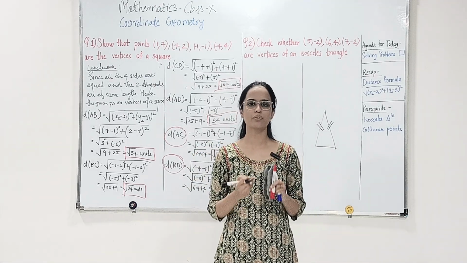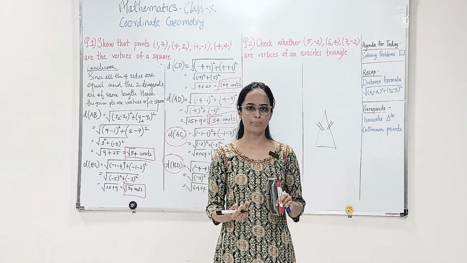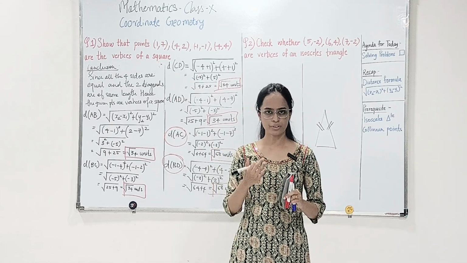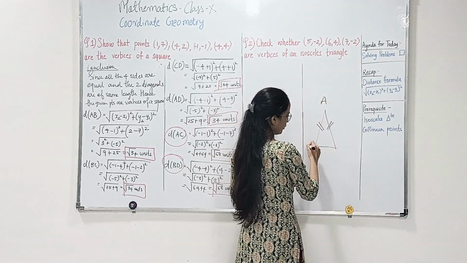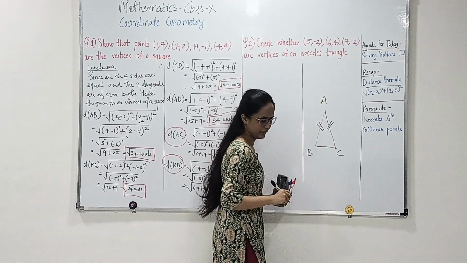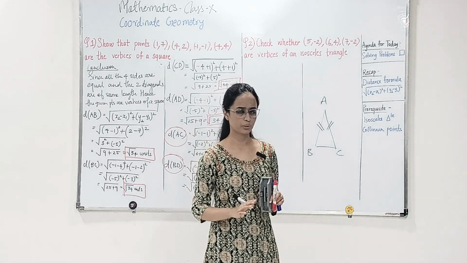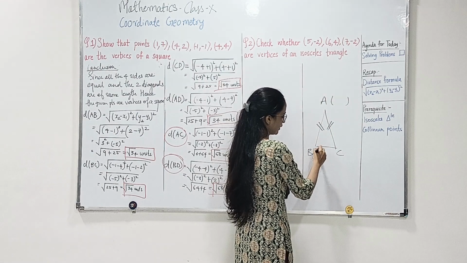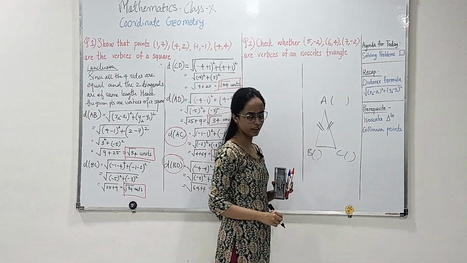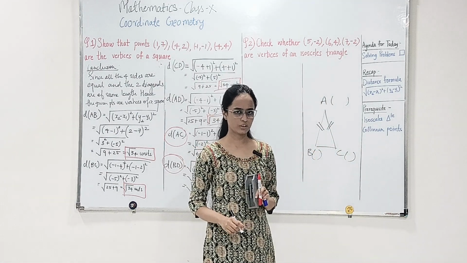So now first I would be explaining the approach to you, and then in one go we are going to solve this problem on the board. So what we are going to do is take a random triangle ABC. We are supposed to show that this is an isosceles triangle. So I'll be writing down the coordinates that are given to us next to the vertices of the triangle.